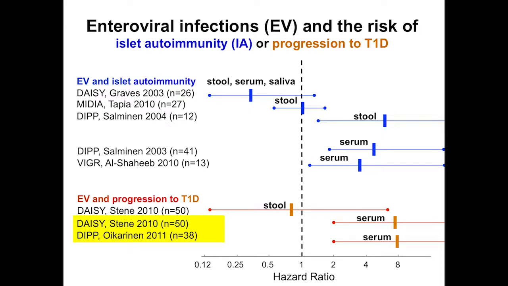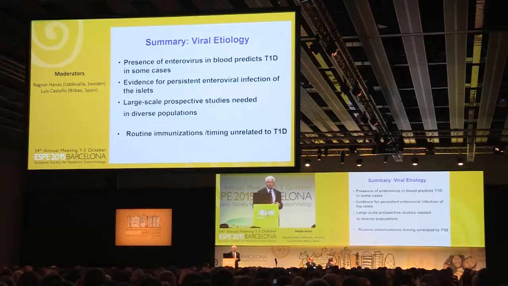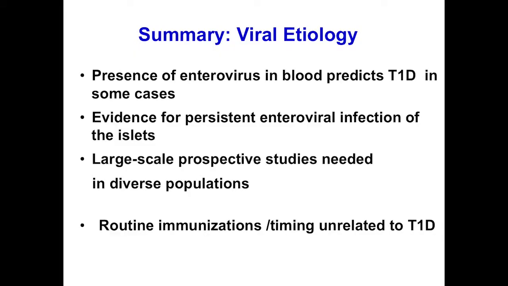If enterovirus triggers autoimmunity or promotes progression from multiple autoantibodies to clinical diabetes, or perhaps participates at both stages of the disease. So in summary, a presence of enterovirus in blood may predict development of type 1 diabetes in some cases.